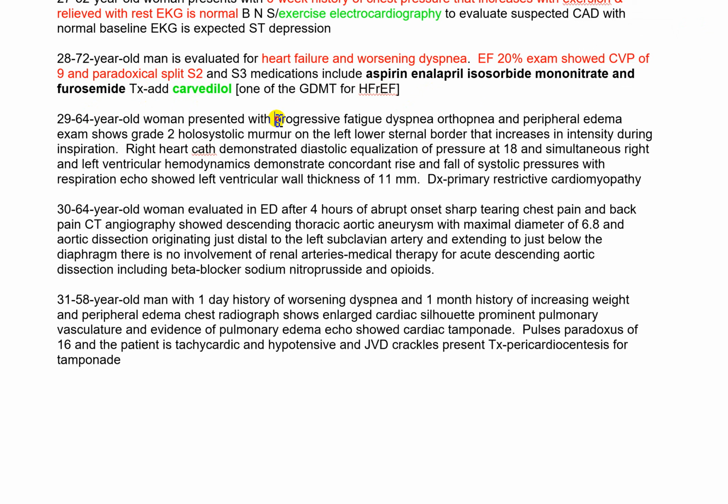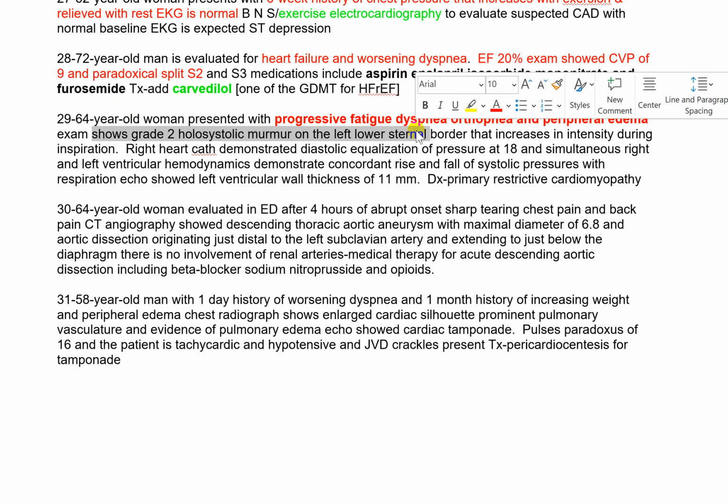Yeah, it's very important. Okay, so you have an old woman with progressive fatigue, orthopnea, and peripheral edema. Exam shows a grade 2 holosystolic murmur at the left lower sternal border that increases in intensity during inspiration.